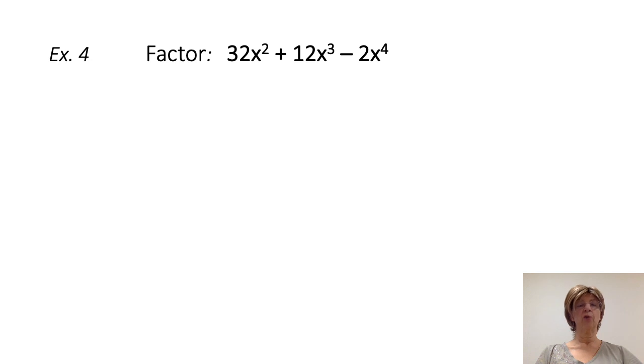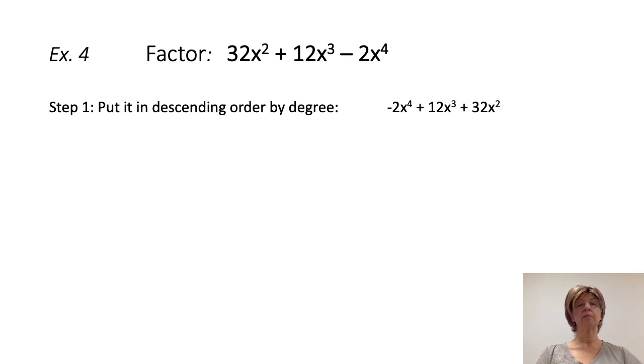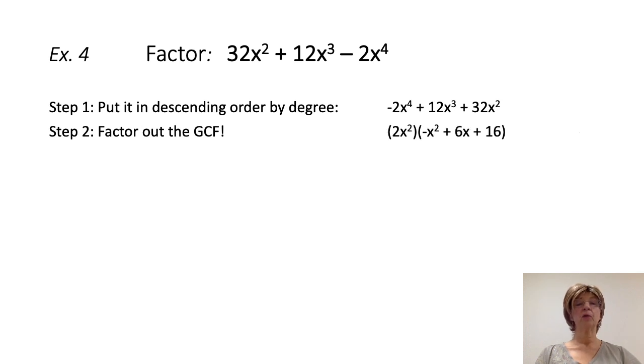So here we go. Step 1, put it in descending order by degree. That gives us minus 2x to the 4th plus 12x cubed plus 32x squared. Factor out the greatest common factor, which turns out to be 2x squared. This gives us 2x squared times minus x squared plus 6x plus 16.